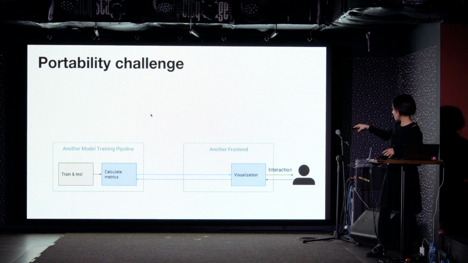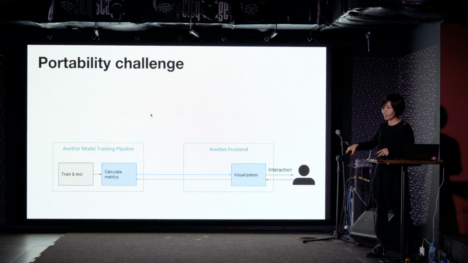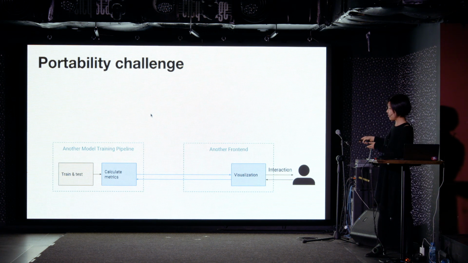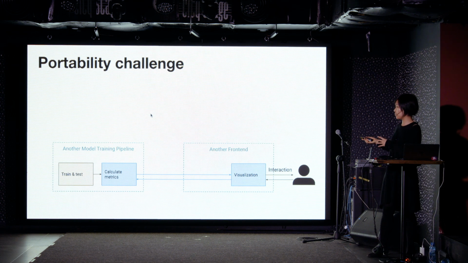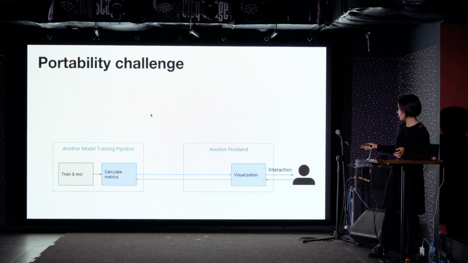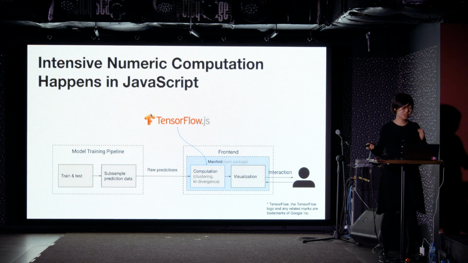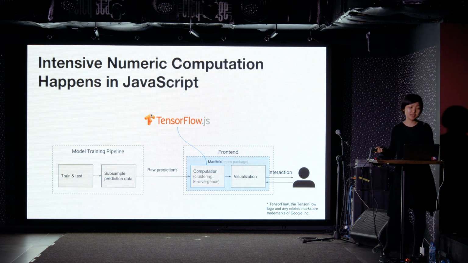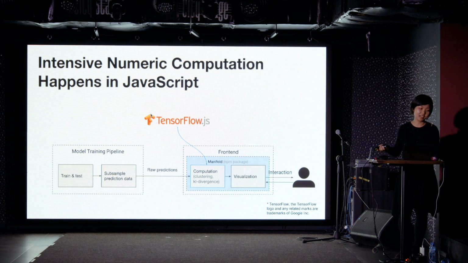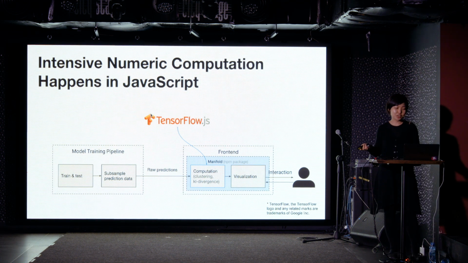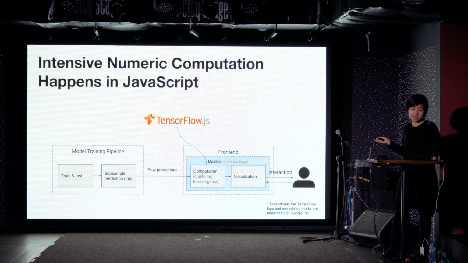But really, the calculation part belongs to the front-end, so we prefer them to be grouped together instead of living in two different places. Those two reasons justify putting the numerical computation component for the visual debugging tool into the front end.